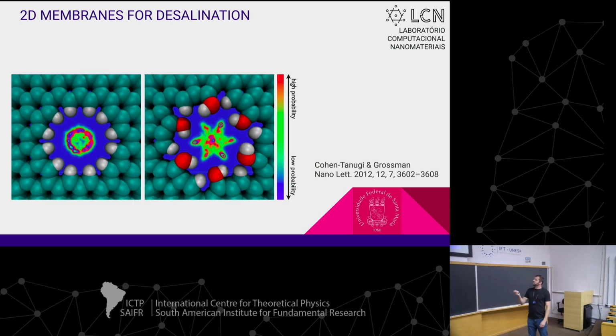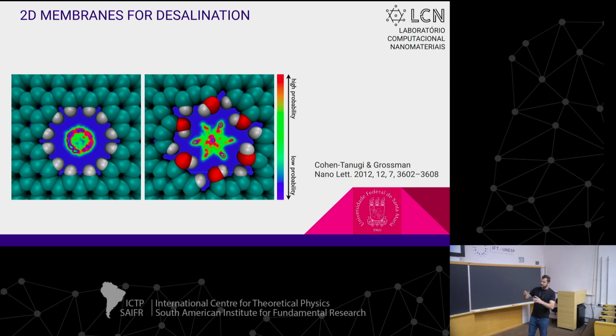Okay, if you look at the water passing through the pores, this is a density map exactly inside the pore when water is passing through. You can see that water organizes in different ways depending on the decoration of the nanopore. So if you have a hydrogenated pore, it will make this circular shape. This circular shape will occupy less space.